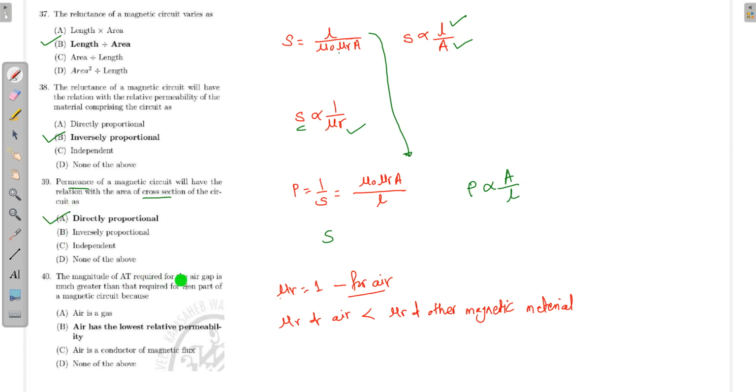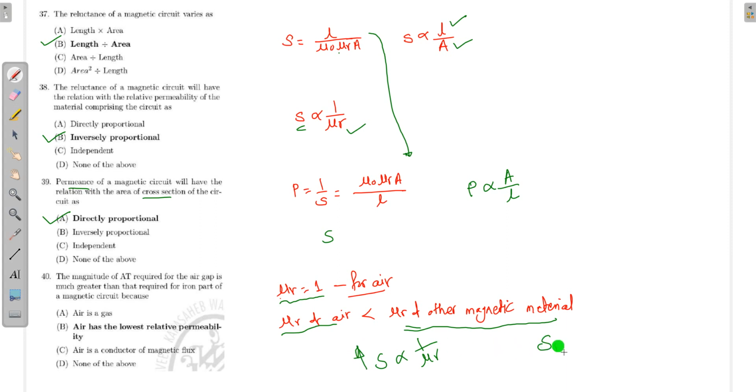The ampere turn required for air gap is much greater than that required for the iron part in a magnetic circuit. We know that the relative permeability of air is 1, and it is much less than the relative permeability of other magnetic material. Hence, as reluctance is inversely proportional to mu r, the reluctance of the air gap is more than the reluctance of the iron path.